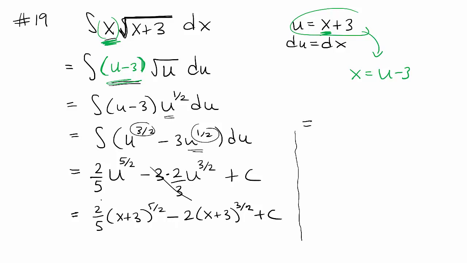So you see how you can factor out a 2. That's going to come out. And you see how you can factor out an x plus 3 to the 3/2. Take that out too. And then actually I'm going to factor out a 1/5 also, so I can get rid of the fraction in that first term there.